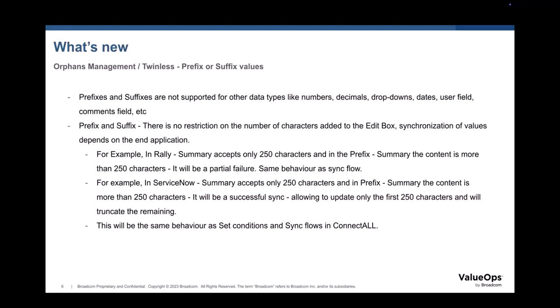So it will take the first 250 characters and it discards or truncates the remaining. So what can go into the applications solely depends on how the application treats it. We have kept the same behavior as that of a sync behavior on prefixing and suffixing also.